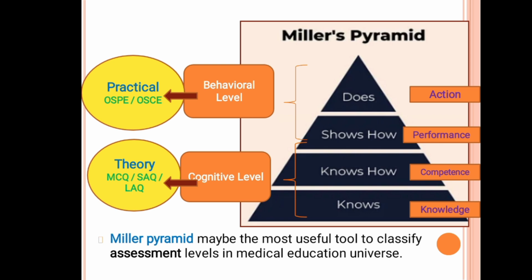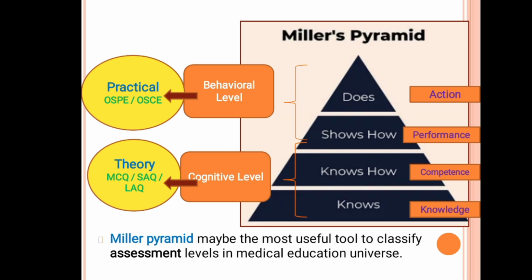So this is Miller's pyramid, which is the most useful tool to classify assessment. The same is utilized by NCISM, where we can see knows, knows how, shows how, does. In these, the first two are at cognitive level and their assessment is made by theory assessment in the form of SAQ, LAQ and MCQ.